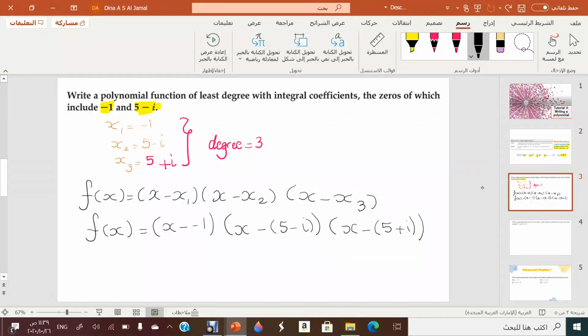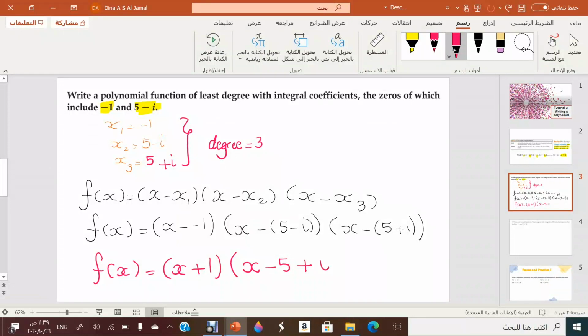Let's now simplify it further. So this is all about x plus 1. Then x minus 5 plus i. Keep the real part alone. x minus 5 minus i. And let's keep this in brackets, and now you will know why.